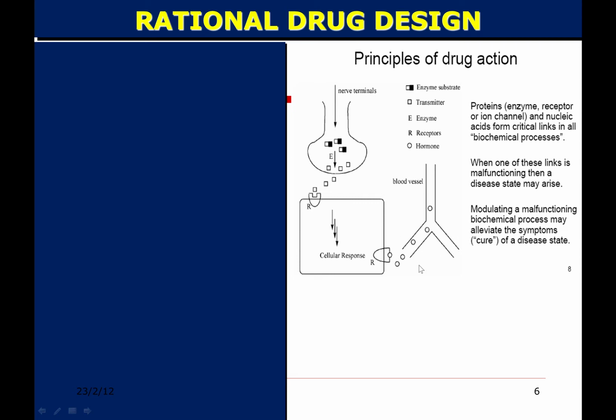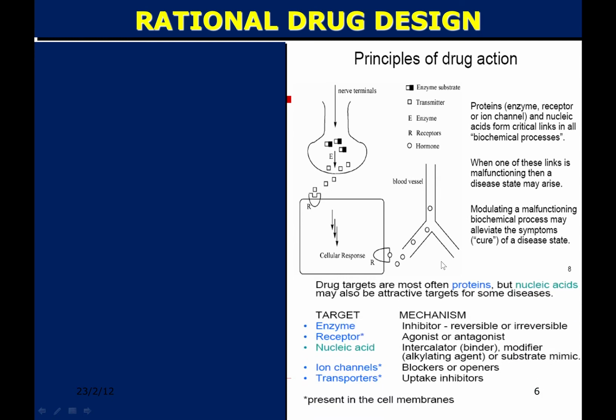Modulating this malfunctioning biochemical process may alleviate or cure the symptoms of the disease. So drug targets are more often these proteins, sometimes nucleic acids, enzymes, receptors, ion channels, ion transmitters, and many of them are present on cell membranes.